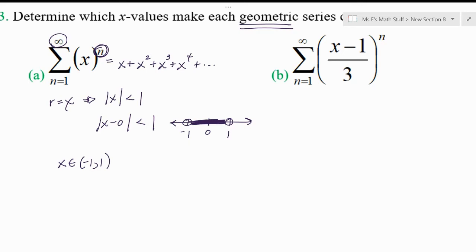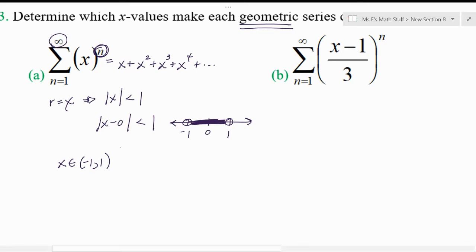So a series with an infinite number of terms where you've got an expression in terms of n as your power or your exponent. The next vocabulary that I'd like for you to be familiar with is an interval of convergence.